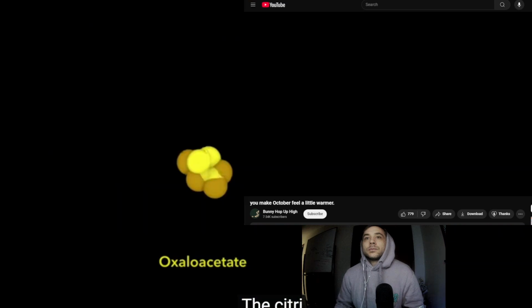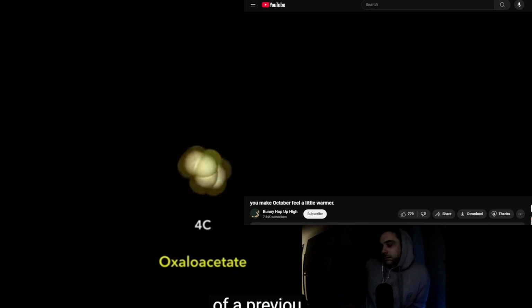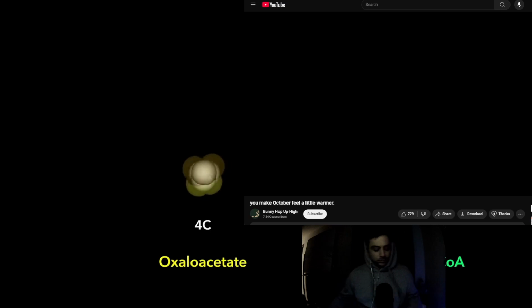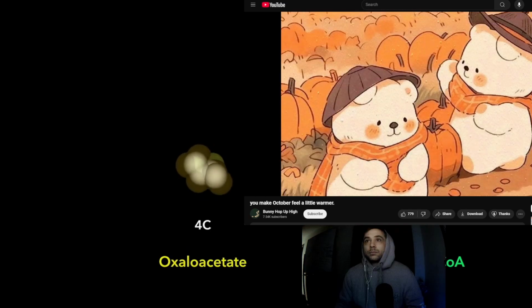The citric acid cycle starts with the end product of a previous cycle, the 4-carbon molecule oxaloacetate. New carbon enters from glycolysis in the form of acetyl-CoA, a 2-carbon acetyl group attached to coenzyme A.